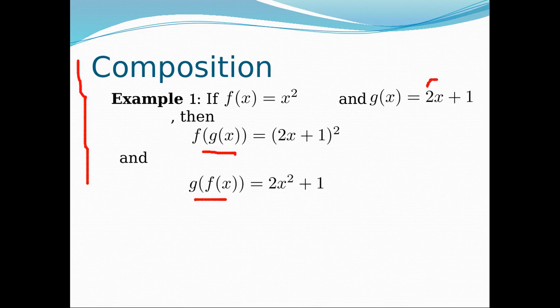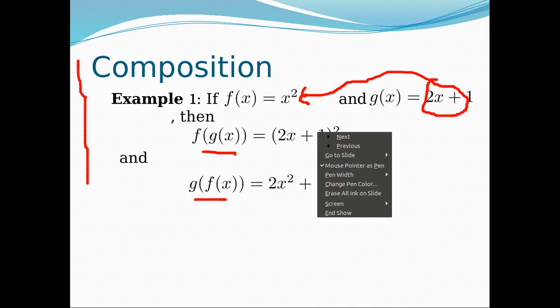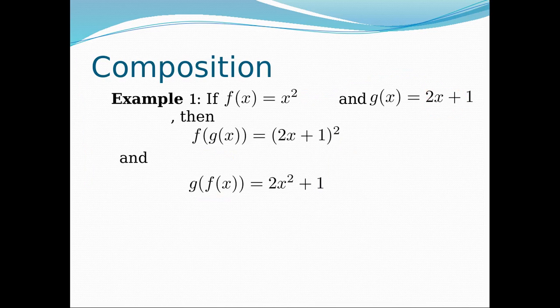Whatever you have here, you put it in this function, right? Put it here in x square, so you get this. And similarly, whatever you have here, you put x here, so you will get x square. So this is composition.